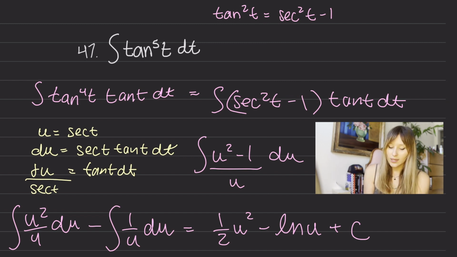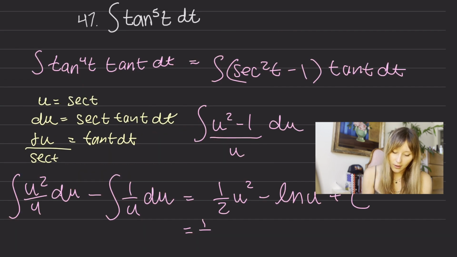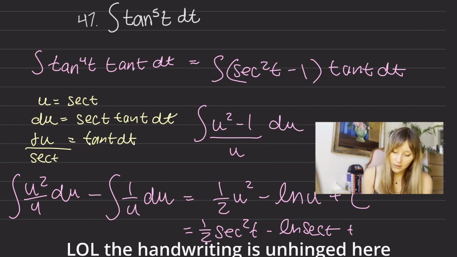Boom. So that's what we get. And then I'm just going to plug in the u again. 1/2 secant squared t minus log of secant t plus c.